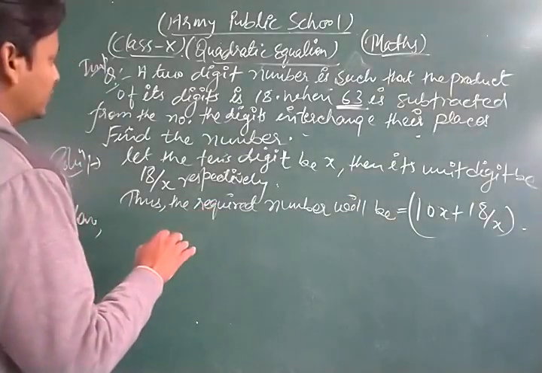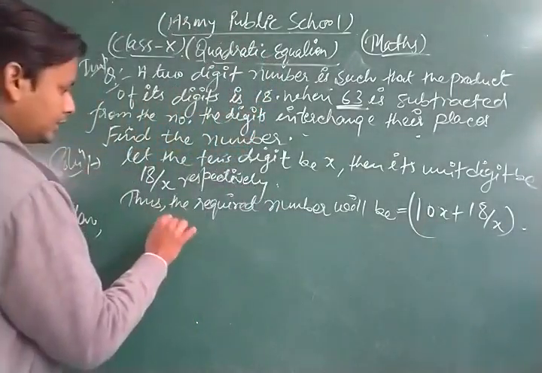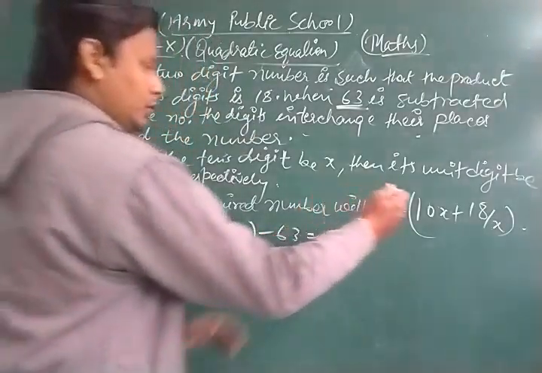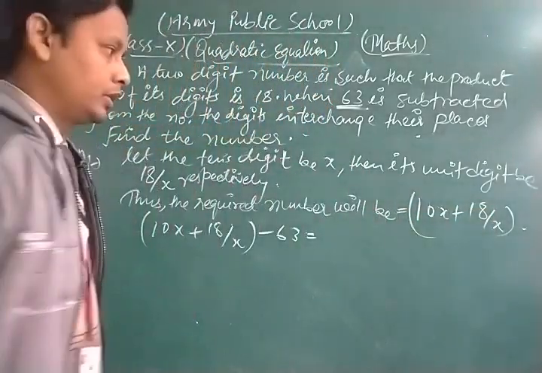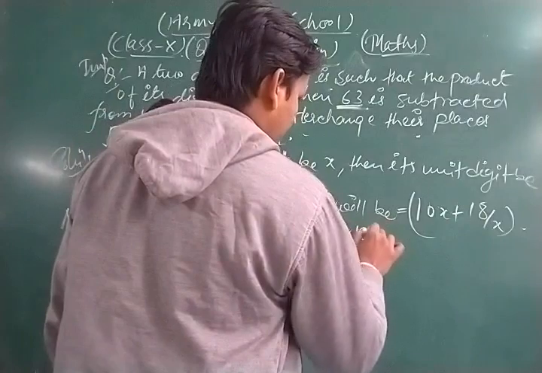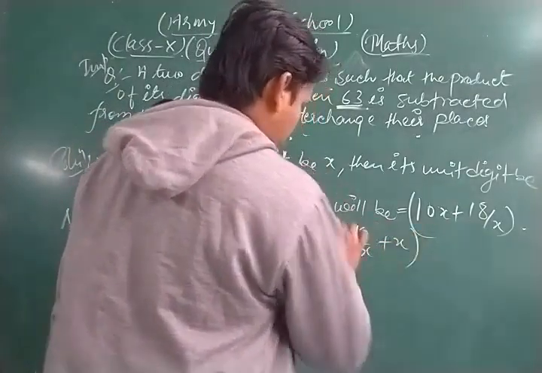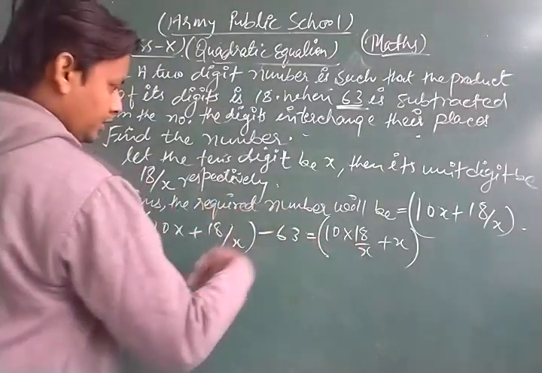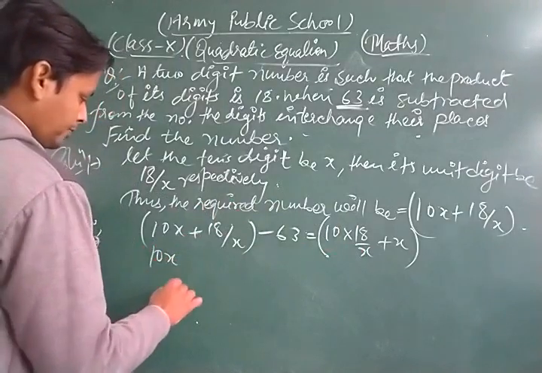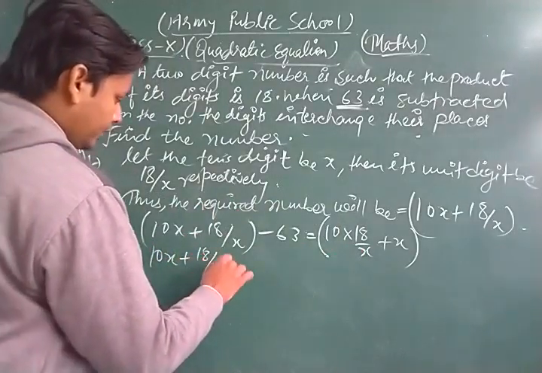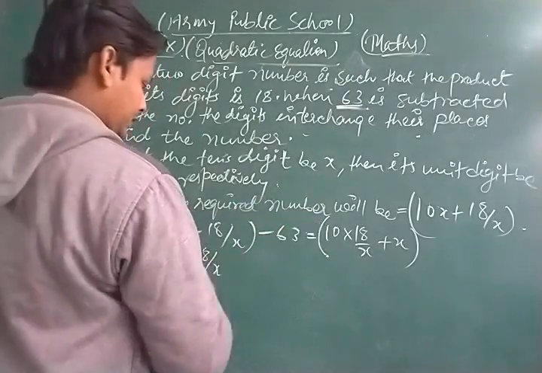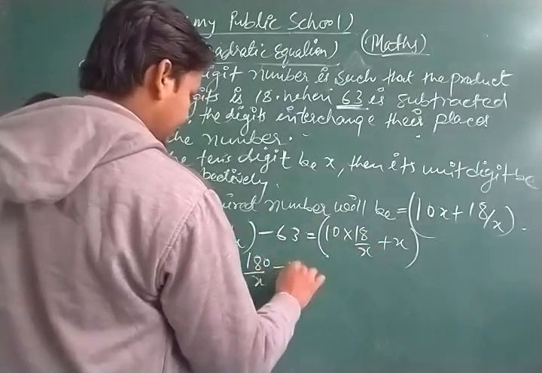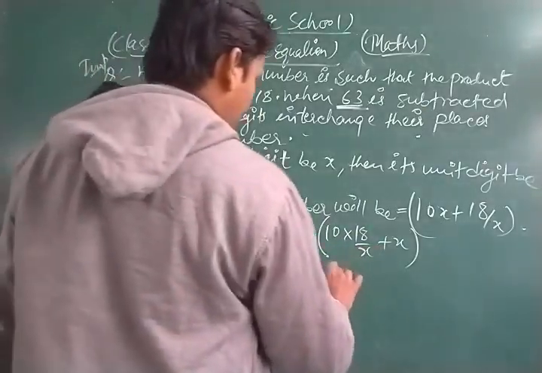So this is the original number, and according to the question, 10x plus 18 upon x minus 63 is equal to the digits interchanged, so 10 into 18 upon x plus x. Now after simplifying, we transfer that to this side, so this is 10x plus 18 upon x, plus from that side minus 180 upon x and minus x, is equal to 63.